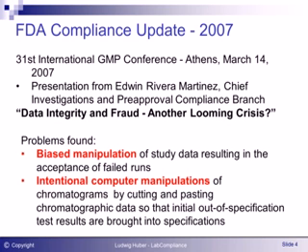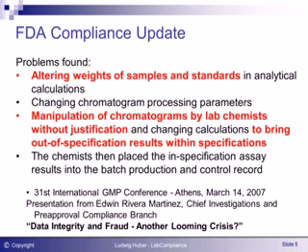This one: biased manipulation of study data resulting in the acceptance of failed runs, out of specification into specification. Intentional computer manipulations of chromatograms by cutting and pasting chromatographic data so that initial out-of-specification test results have been brought into specification. Look at this one.